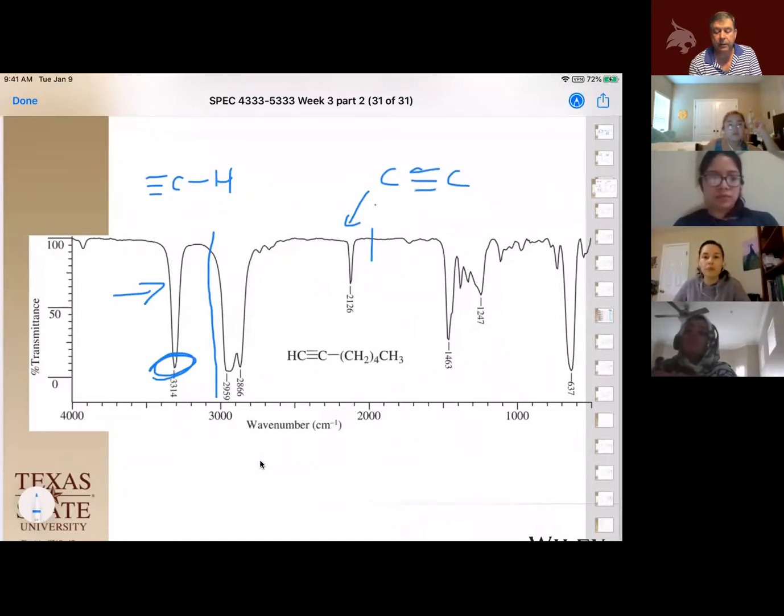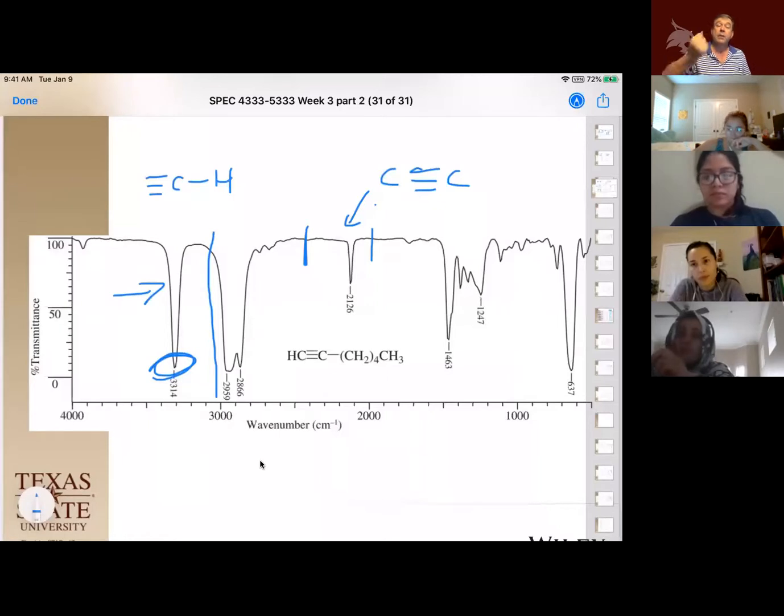And again, there's only 3 things that happen in this region, and so when we see a peak there, we need to pay attention to that as a carbon-carbon triple bond. And then we double check with our hydrogen deficiency index to make sure we have at least 2 in our hydrogen deficiency index so that we can support the idea that we have that bond. Now, if we can't do that with our hydrogen deficiency index, can we find a nitrogen in our system somewhere? And maybe it's a nitrile at that point.